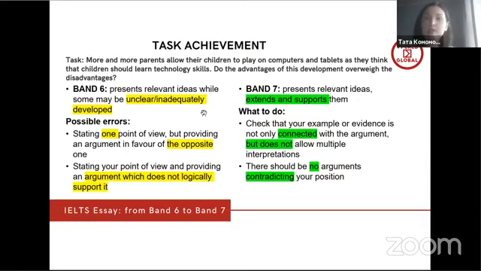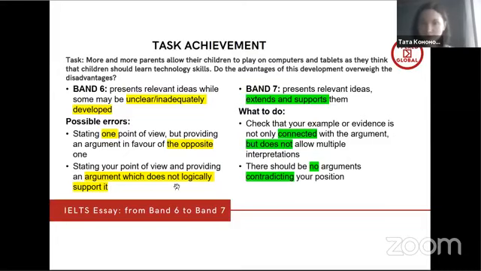That is why make sure that all your evidence and all your examples are connected with the argument, with the opinion which you state, and do not allow any contradicting arguments, because sometimes students state one point of view and then suddenly provide a piece of evidence which supports the opposing one.